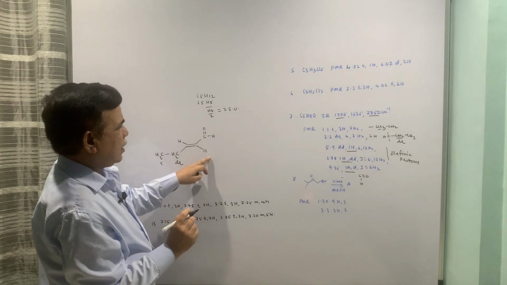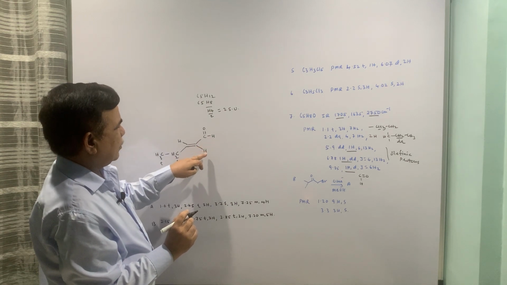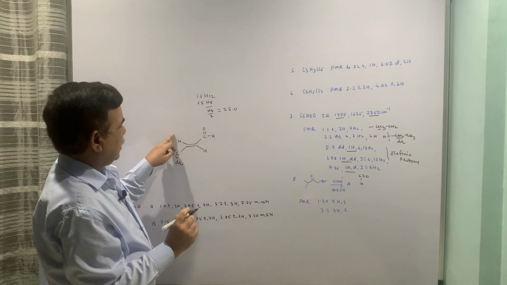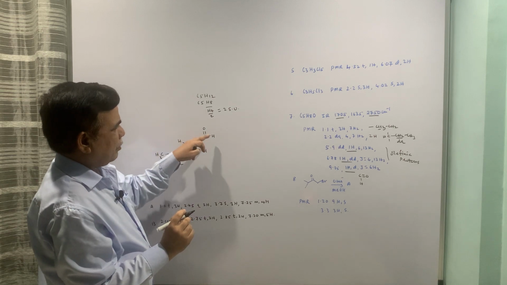So, this one is doublet of a doublet, this is also doublet of a doublet probably.